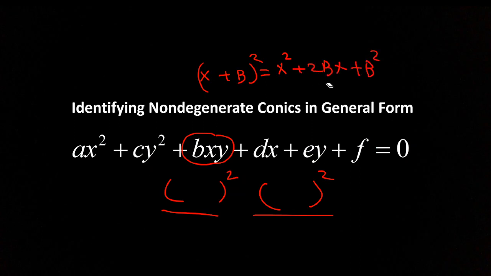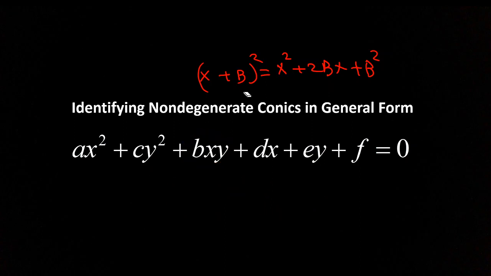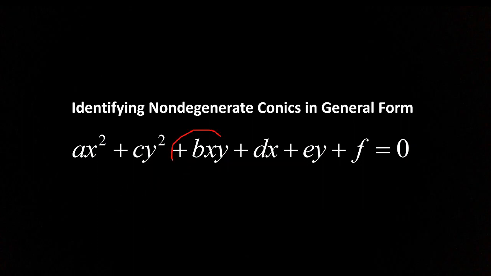So there is no xy in this form. So what do we do to make these like the ones that we've been working on? Well, we are going to eliminate this term by rotating the axes. How? We're going to talk about that.